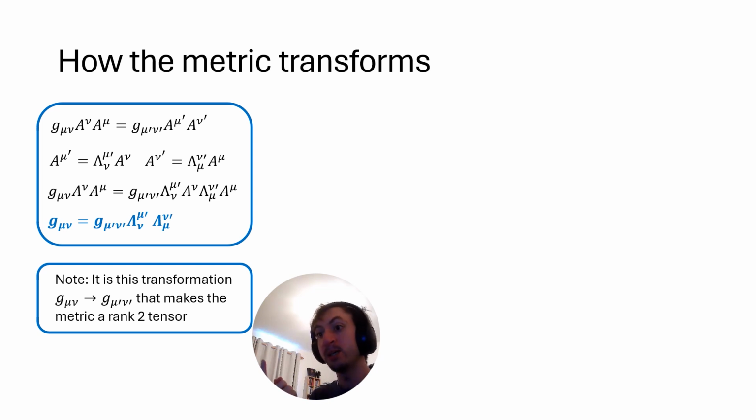For a metric, which has two indices, we need two Jacobian matrices. And for a scalar, which has zero indices, so we call it a rank 0 tensor, we don't need any Jacobian matrices, because a scalar doesn't change at all. And therefore, in general, if you've got a rank n tensor, you'll need n Jacobian matrices to transform the components from one coordinate system to another.